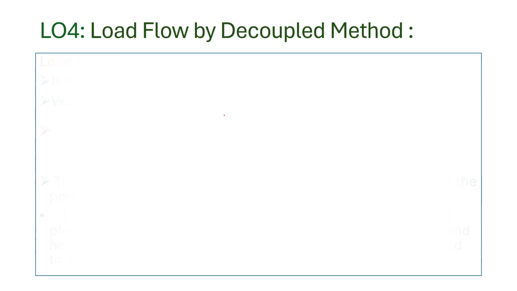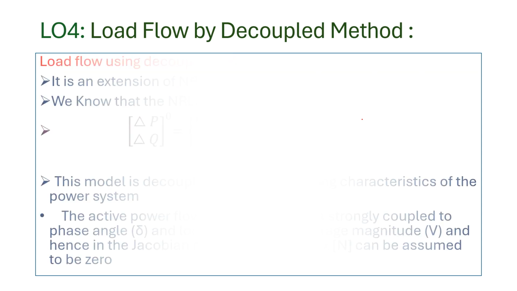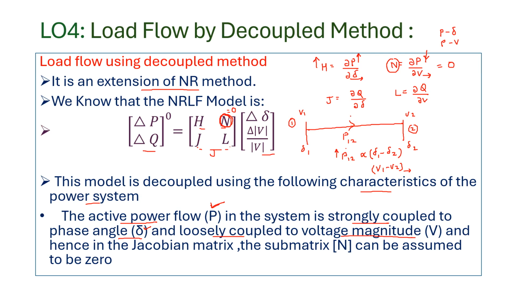Then let us take one more characteristic. The reactive power flow Q and the voltage are strongly coupled, as I have already shown here with the J and L submatrices. Q and V are strongly coupled, meaning that if there is a small change in the voltage, there is a substantial change in the reactive power flow.